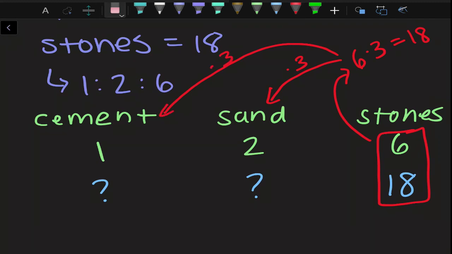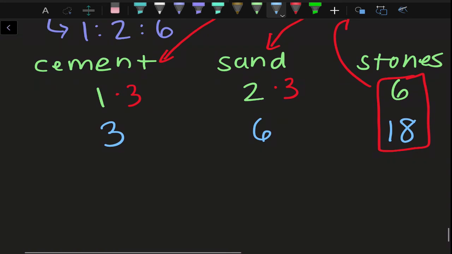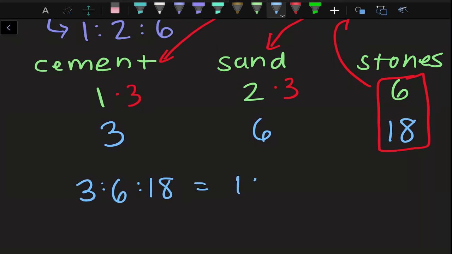So that would mean 2 times 3 is 6, and 1 times 3 is 3. So our ratio here is 3 to 6 to 18. And that is equivalent to 1 to 2 to 6. Perfect.